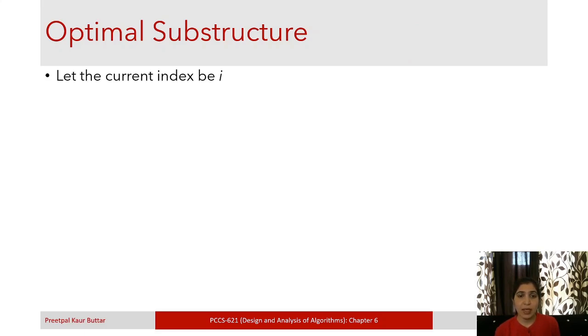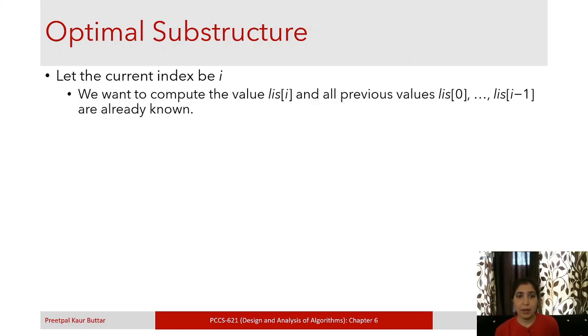So let the current index be i. We want to compute the value LIS[i], and this means we are computing the longest increasing subsequence which is ending at index i. And for this, the previous values from LIS[0] to LIS[i-1] are already known.